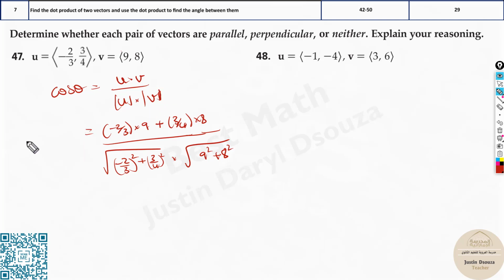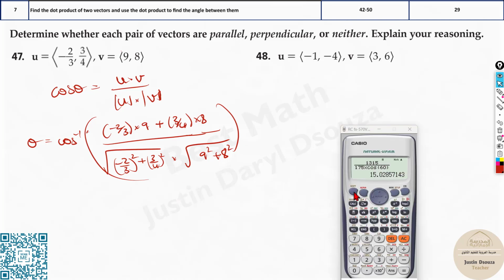Now it's not over. We need theta, so cos theta is so much. If you want to find only theta, take cos to the other side, it will be cos inverse. So theta is equal to cos inverse of this entire thing. Since it's electronic, you just put this entirely in the calculator and get the answer directly. Now let's do shift cos inverse of negative 2/3.